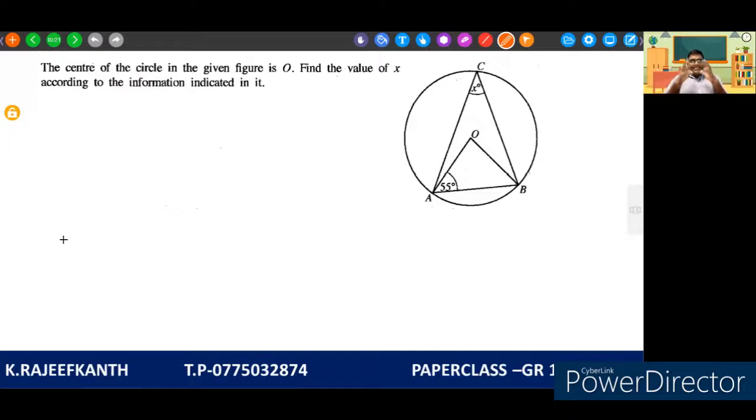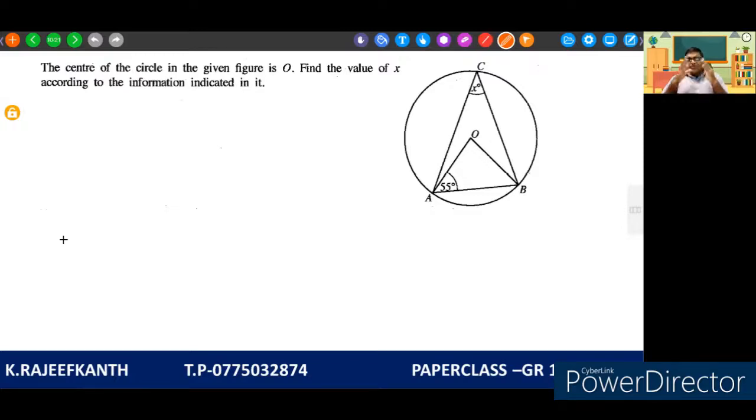Here O is the center of the circle, so that is big data, right? If O is the center, then you know about OA and OB. Then you can find the magnitude of angle AOB. We already discussed that theorem: the angle subtended by an arc at the center of the circle is double the angle subtended by the same arc at the remaining circumference of the circle.